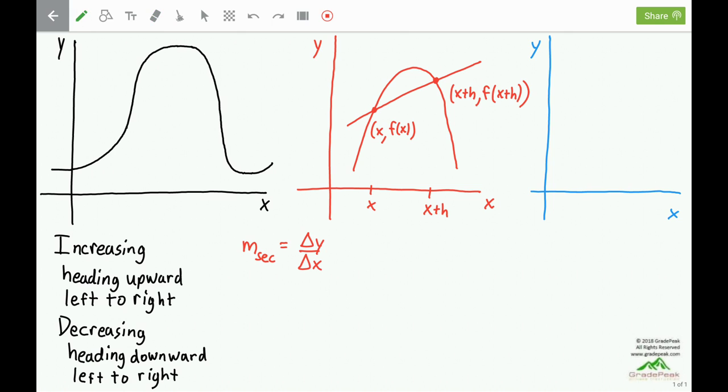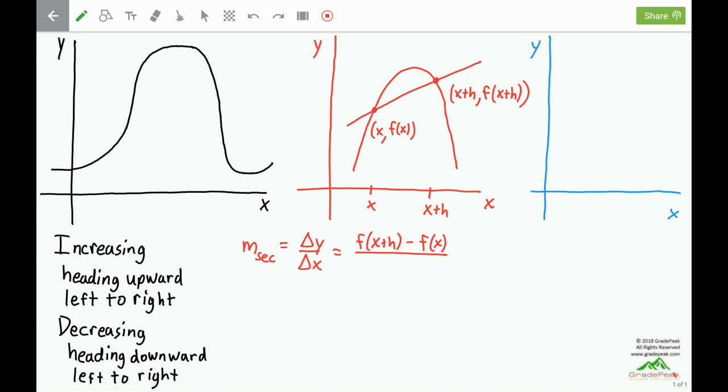We have to pick one of the 2 points to be the final point, and the other one will be the initial point. I'm going to pick the rightward point to be the final point and the leftward point to be the initial point, so that we can measure the delta y over delta x. Delta means final minus initial. For delta y, we want to take the final y-coordinate, that's the y-coordinate of the rightward point, and subtract from it the initial y-coordinate, that's the y-coordinate of the leftward point.